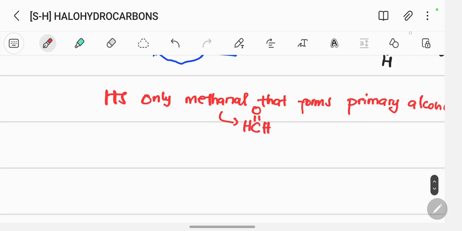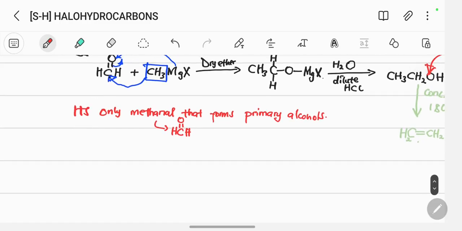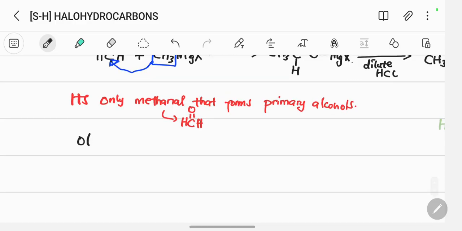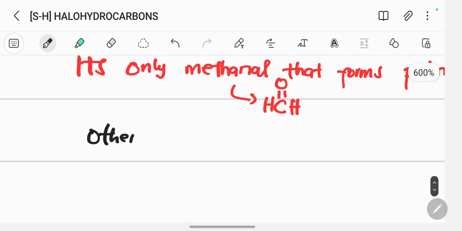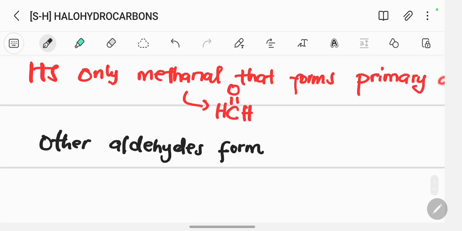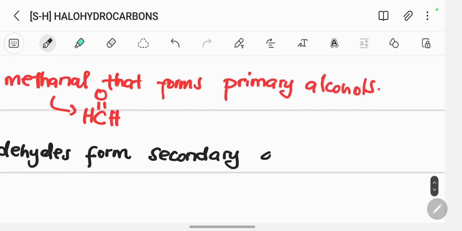So when you want a secondary alcohol, you're going to use another aldehydes. So other aldehydes, I'm going to write it here as other aldehydes from secondary alcohols.